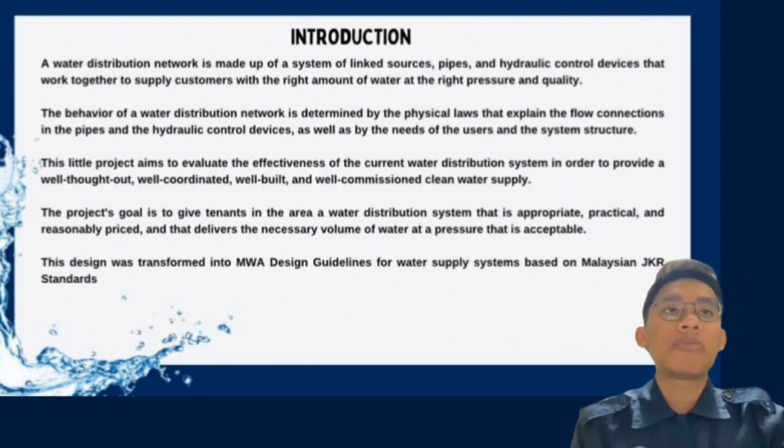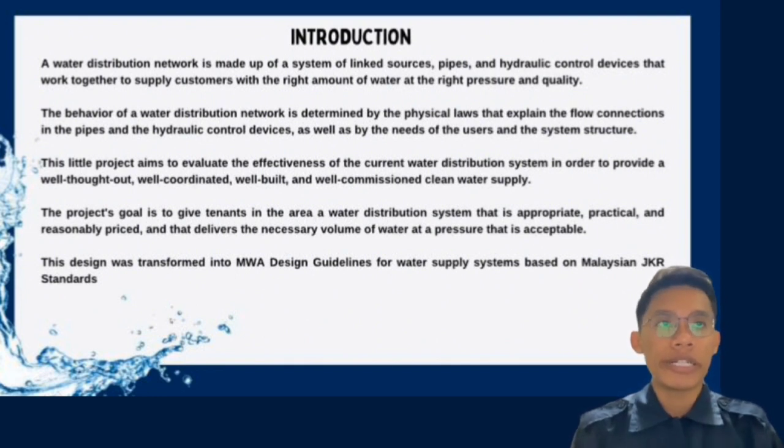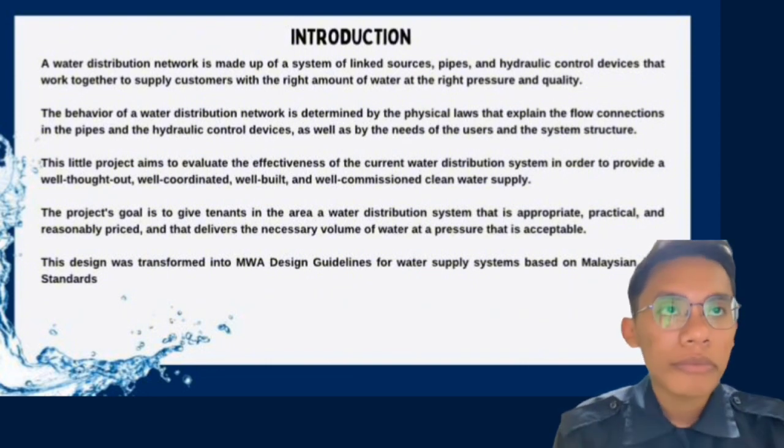A water distribution network is made up of a system of links, sources, pipes, and hydraulic control devices such as pumps, valves, regulators, and tanks that work together to supply customers with the right amount of water at the right pressure and quality.